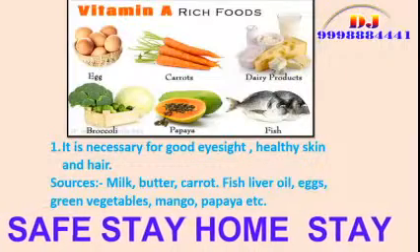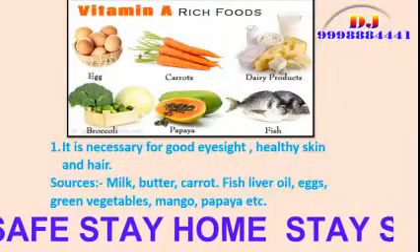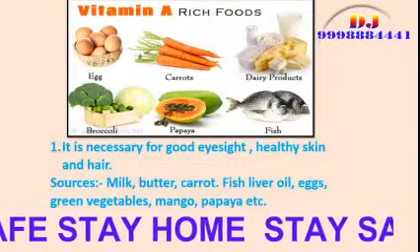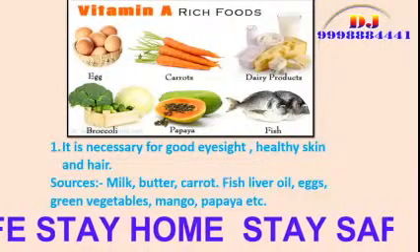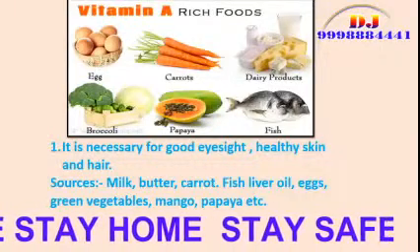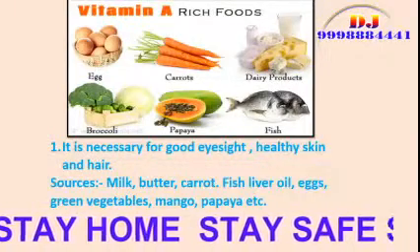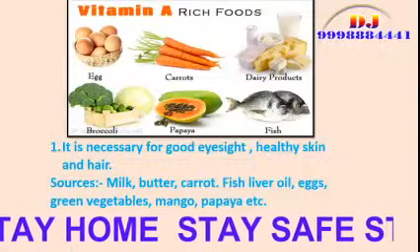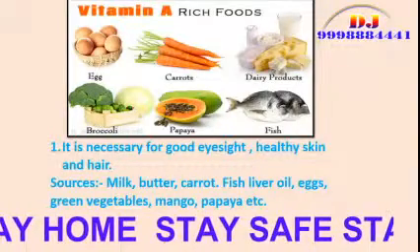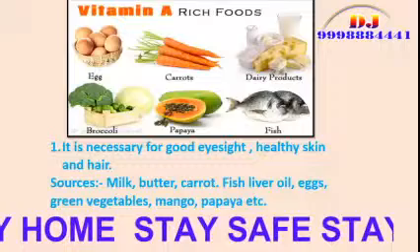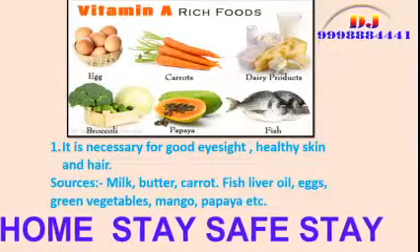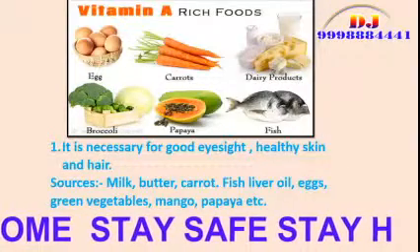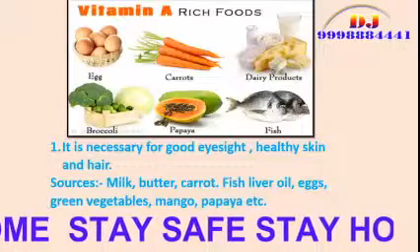So let's see the first one, vitamin A. Vitamin A rich foods, these are examples from where we get vitamin A. It is necessary for good eyesight, healthy skin and hair. From where do we get vitamin A?